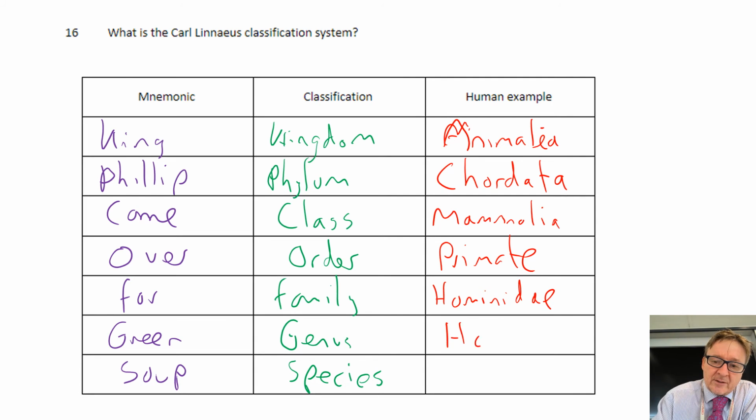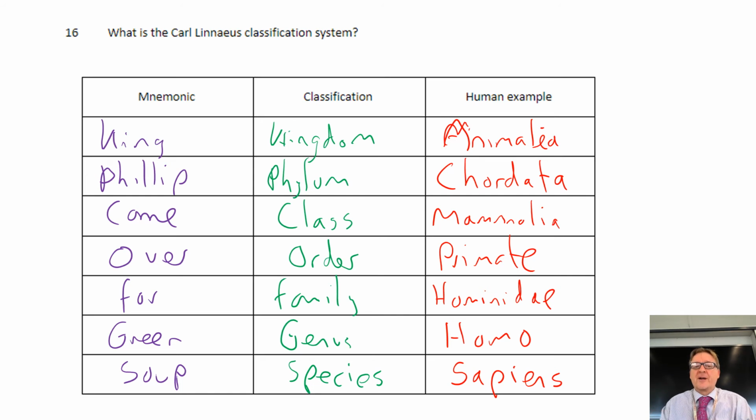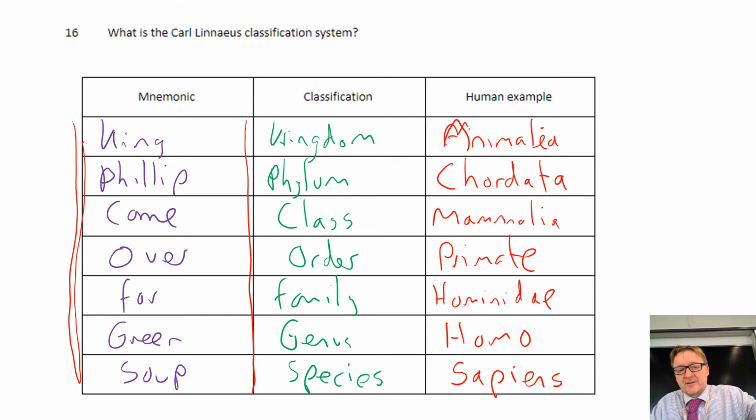We are then Homo sapiens. Okay, so that is our full breakdown based on the Carl Linnaeus classification system. Right, but what you need to do is you need to remember this mnemonic here, so that you can remember this. They could choose any example of any animal ever, right, but what you've got to do is be able to pick out what they're missing, because it'll usually be something like a gap fill.